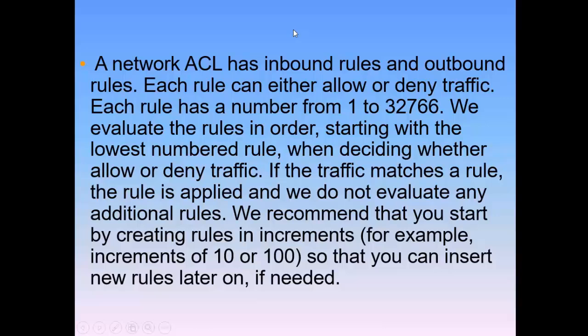Create the rules in increments of 10, then 100, then 200. So if later you want to add some rules in the list, you can give any number like 20, 30, 40, 50, 60. So you can add multiple rules here. Always create rules with an increment of minimum 10, which is what I recommend, maximum 100.